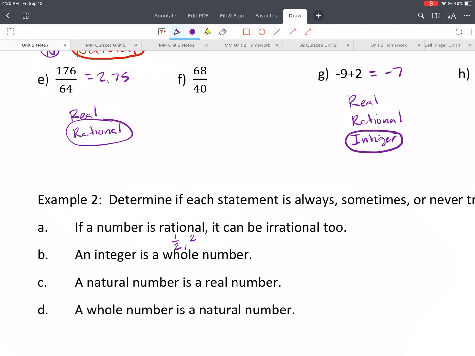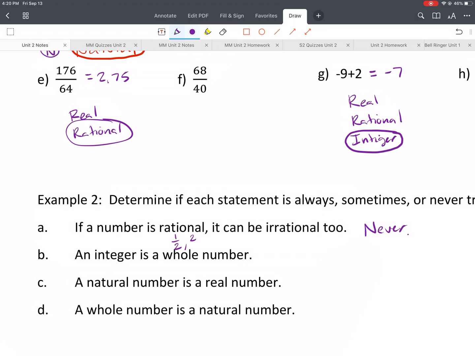Okay, if a number is rational, it can be irrational too. That's kind of like saying, can it have a decimal that has a pattern and not have a pattern at the same time? So here that would say never.